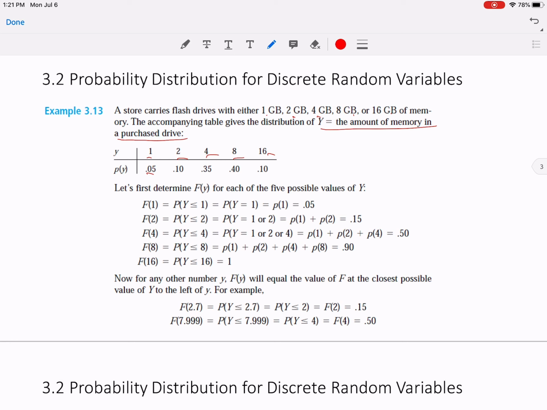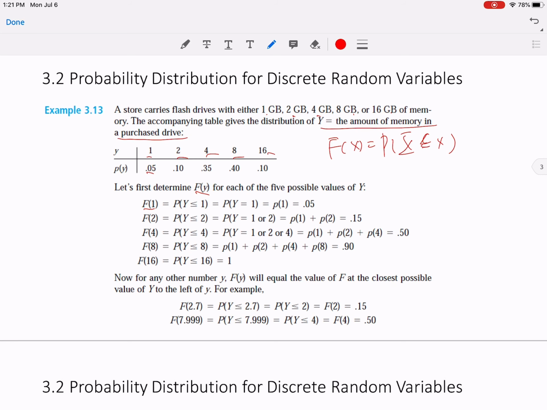Now, let's first determine F of y for each of the 5 possible values. Since the possible values for y are 1, 2, 4, 8, 16, let's take a look at what F of 1 is. Based on the definition, F of x is equal to the probability of x less than or equal to x.